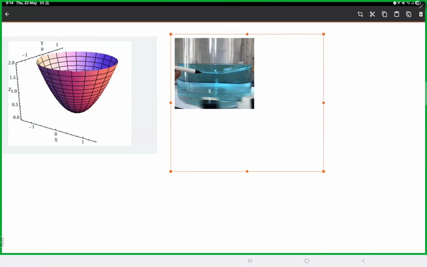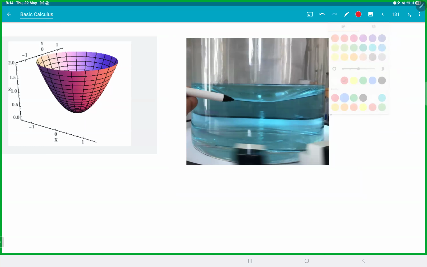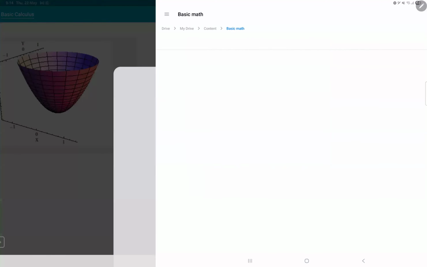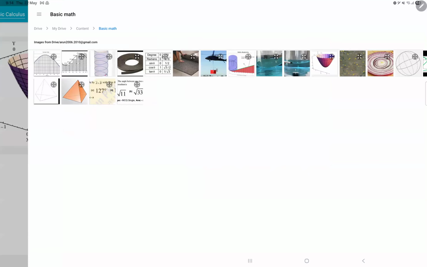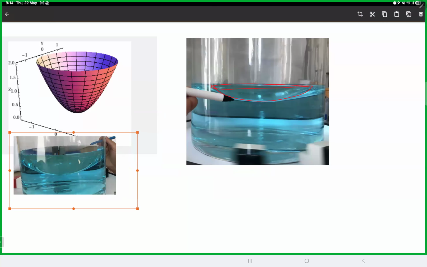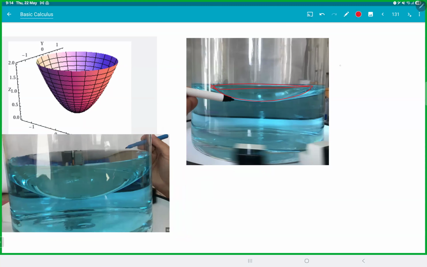Look at this thing. I don't know if that is clearly visible. So you will get a shape like this. Let's see if I have one more better picture than this. I think this is a little better. So this is the water in a rotating bowl.